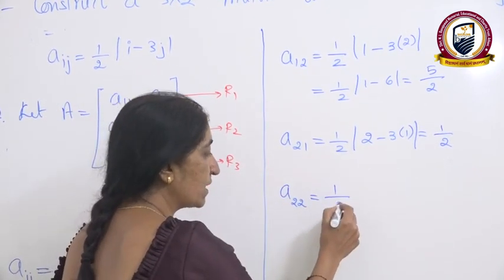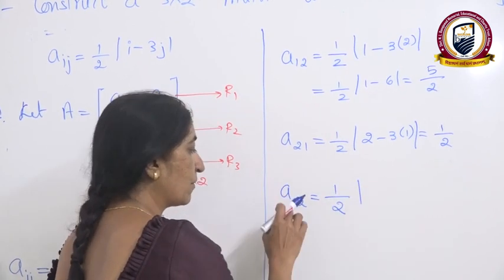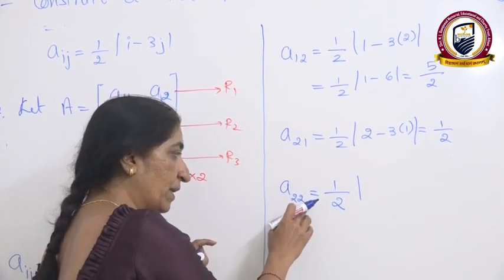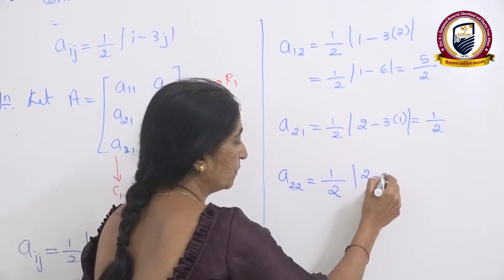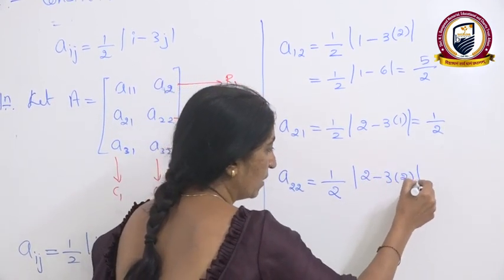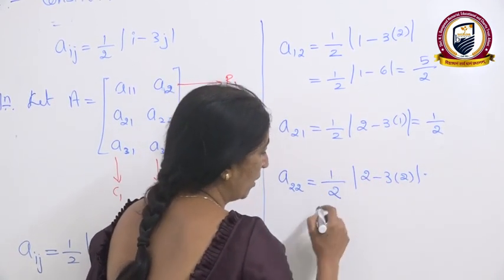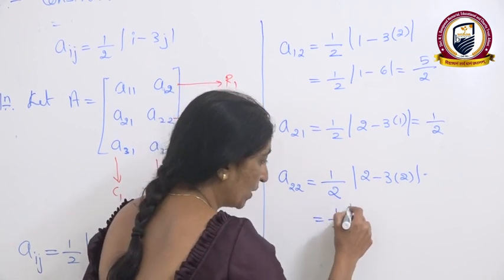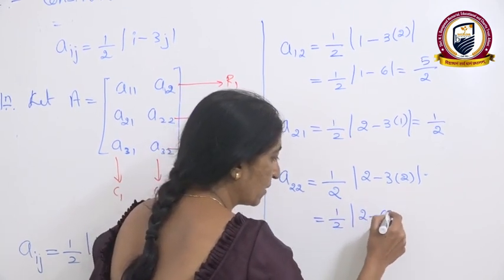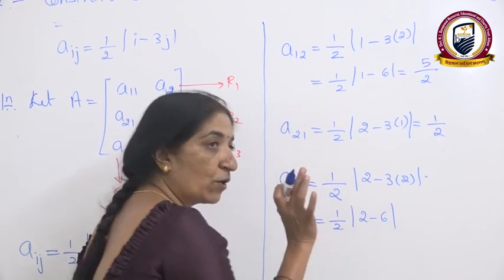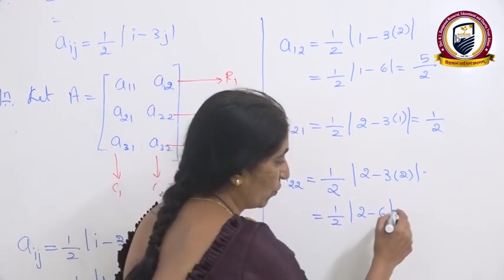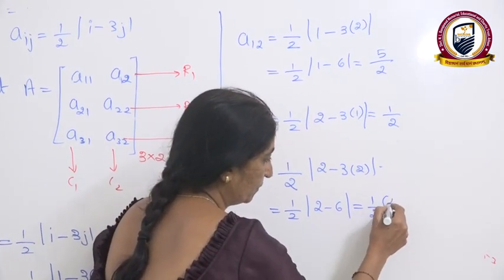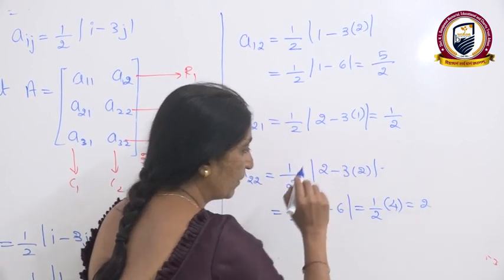A22 is what? The first number i is replaced by 2, the next one j is replaced by 2. So like this, what is this value? This value is 1 by 2 in the modulus 2 minus 6. See, because of modulus you are not writing minus 4, we are writing 4. And your answer will be 2.